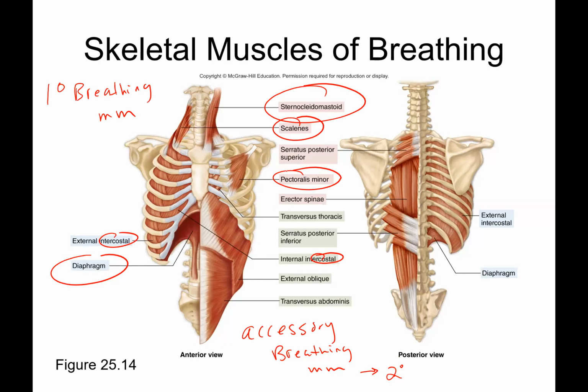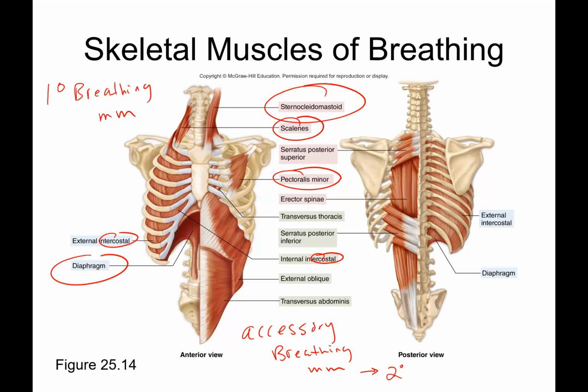Now, these three in particular will give people fits clinically and create problems. So here's the quick version, because we could talk forever about respiratory dysfunction, accessory breathing muscles, and all that. Here's the quick version.